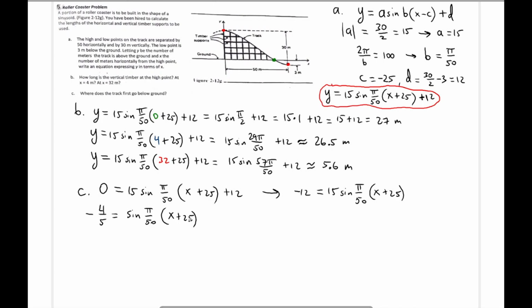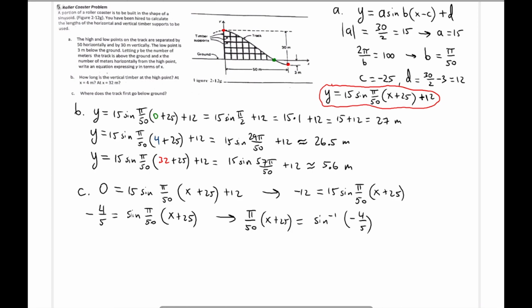All right, so now, how do you solve for this x? You got to get rid of the clutch of that sine. To get rid of that sine, don't divide by sine, okay? You have to take the arc sine of both sides in order for the angle to be free. So that means pi over 50 times x plus 25 is equal to arc sine, the inverse sine function, of negative 4/5.